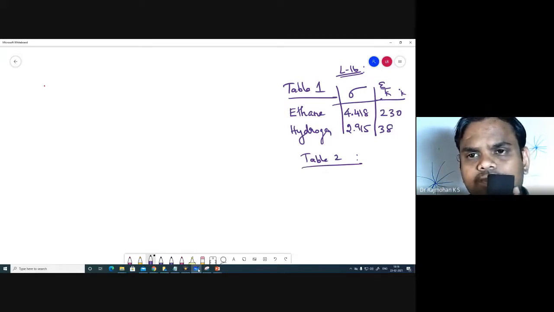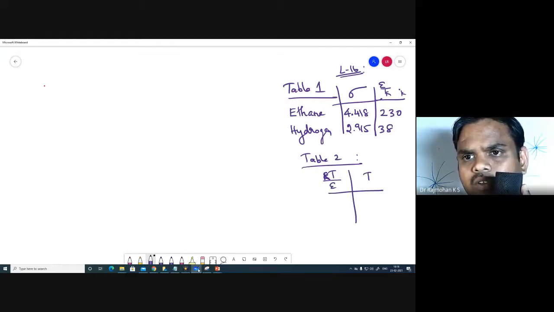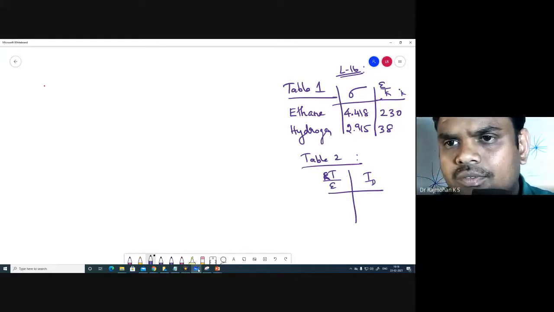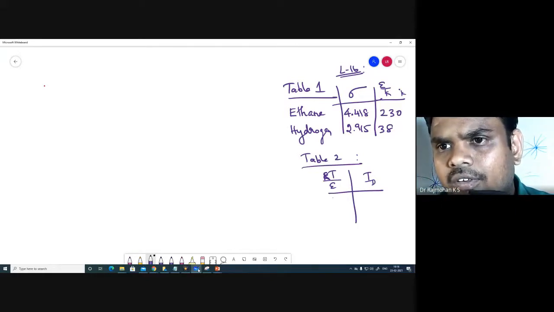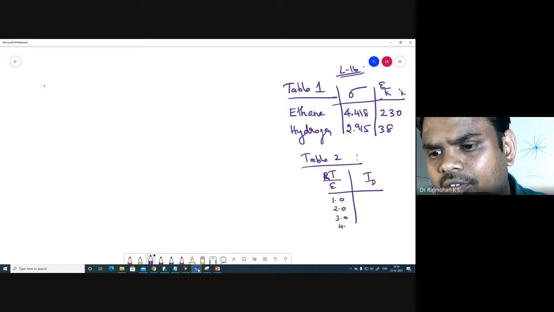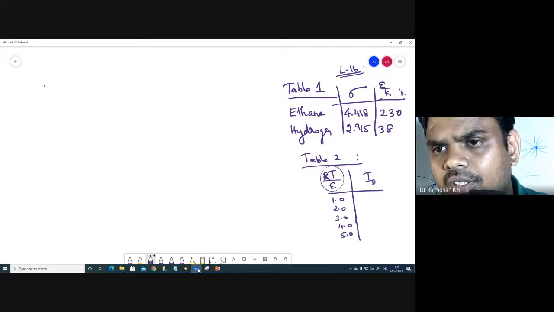And if you look at table 2, for the values of kT by epsilon, we have the values of the diffusion integral. For every kT by epsilon value we have data, so we can refer accordingly. Whatever kT by epsilon value we get, we will make use of the corresponding value.